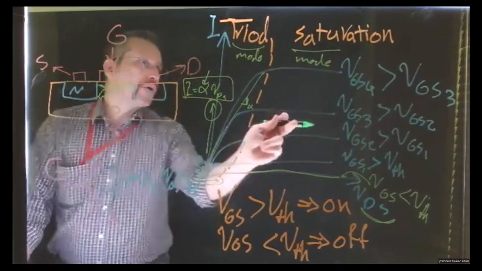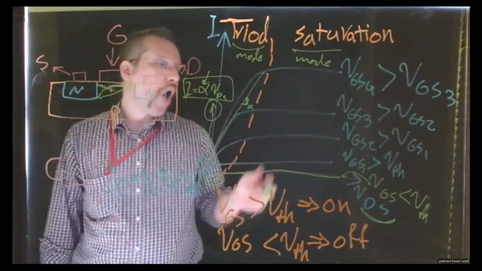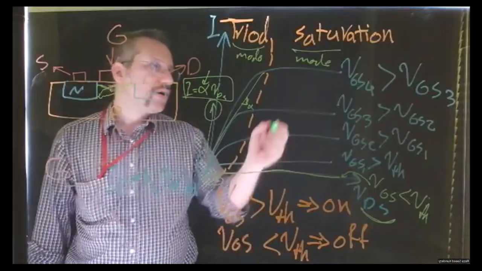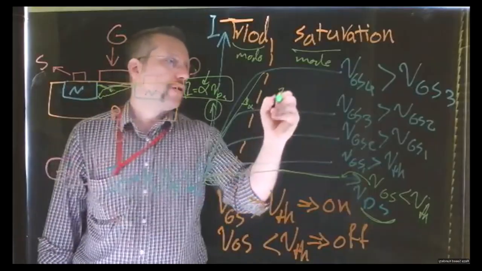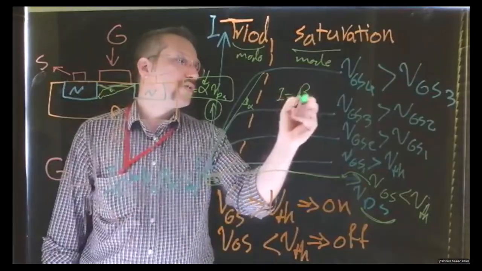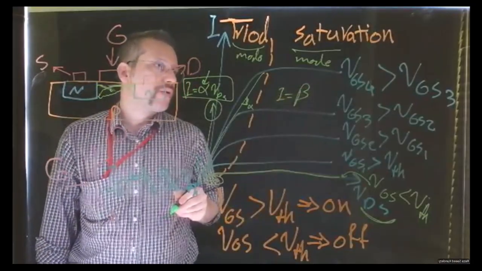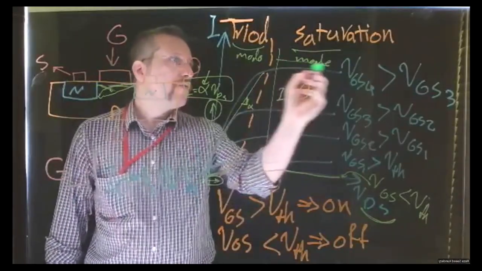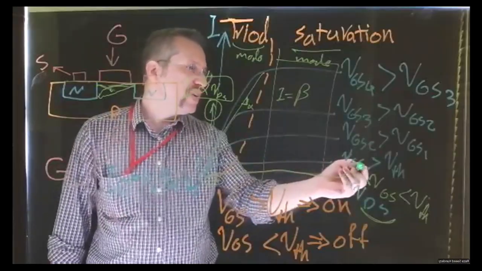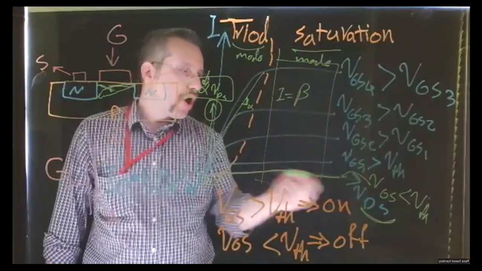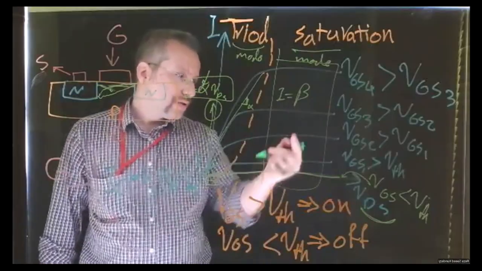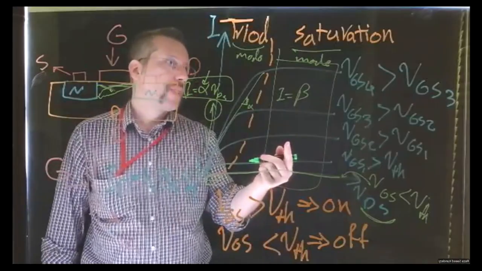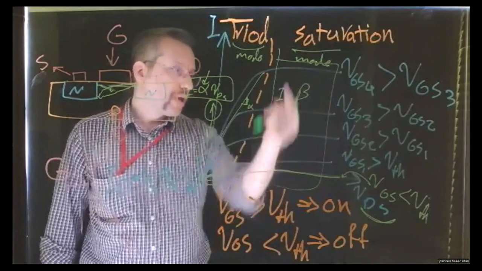Here, it doesn't matter how much you increase the voltage, the current is constant. So the current is equal to some constant beta. What that means is that in this region, by controlling the VGS, we can turn the MOSFET on and off. So it becomes a switch. In the saturation mode, it becomes a switch.